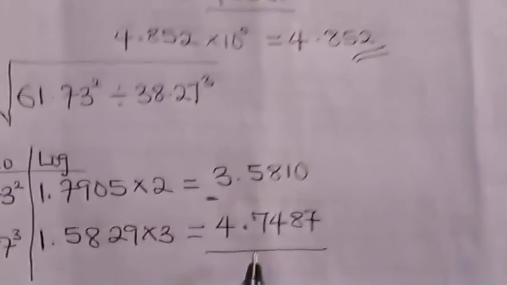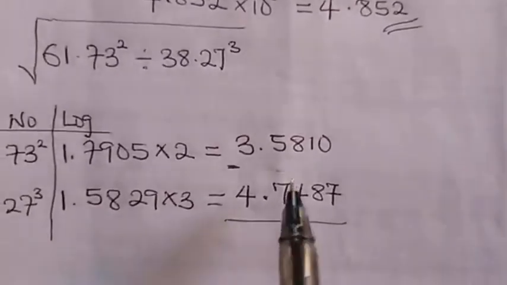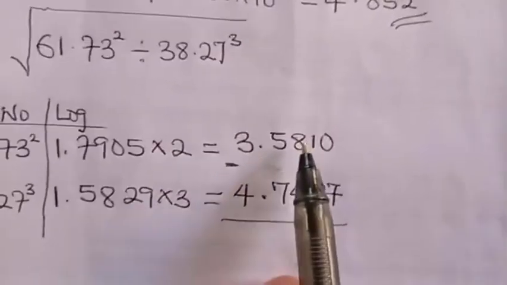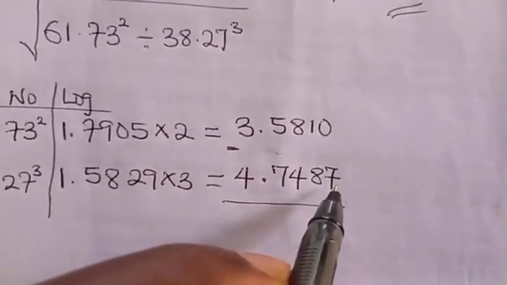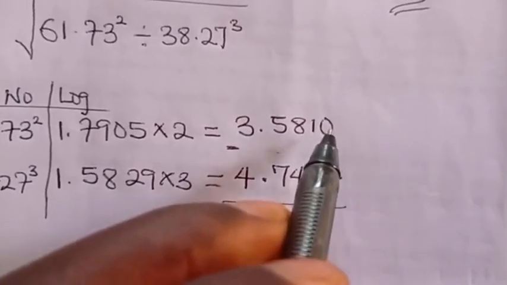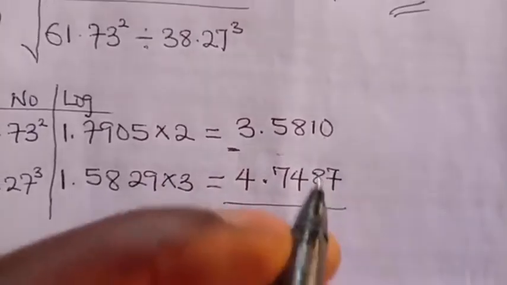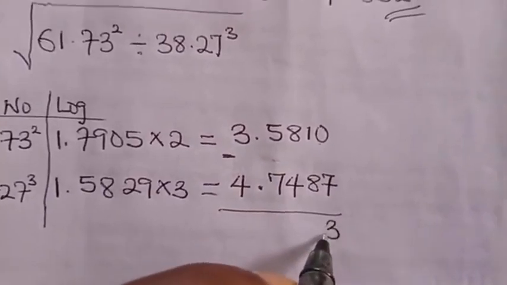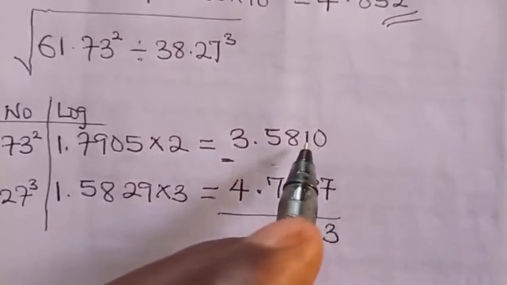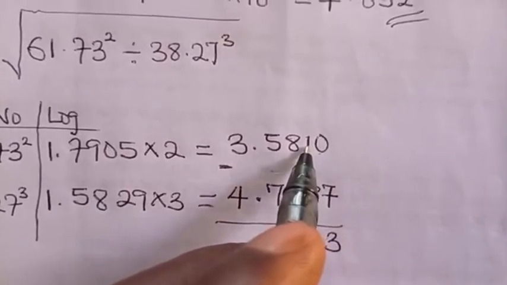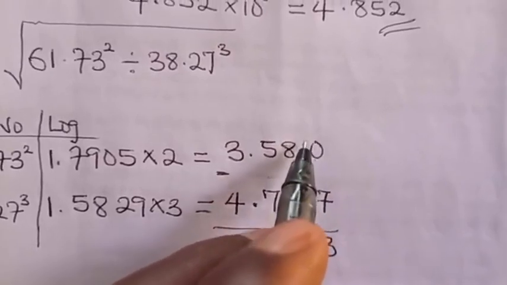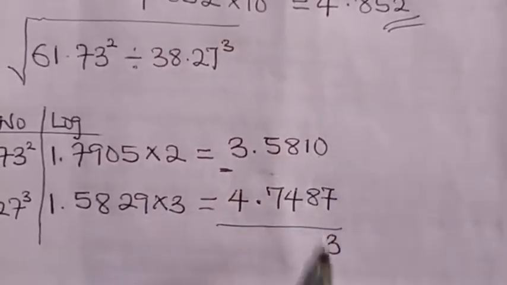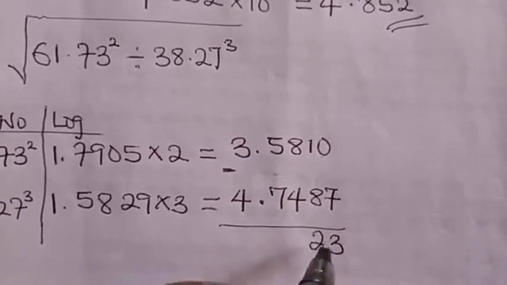So subtracting this denominator from the numerator, we have 0 minus 7, which is not possible. So we take 1 from here, making 10. 10 minus 7, we have 3. What we had here left is 0. So we take over 1 from here, making it 10. 10 minus 8, we have 2.